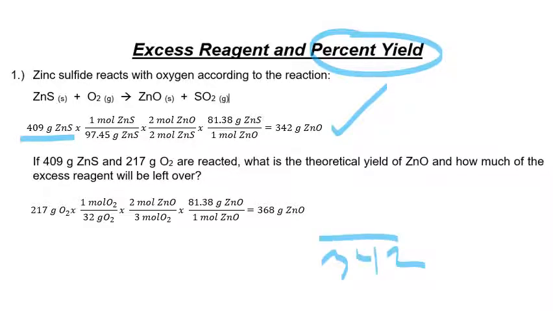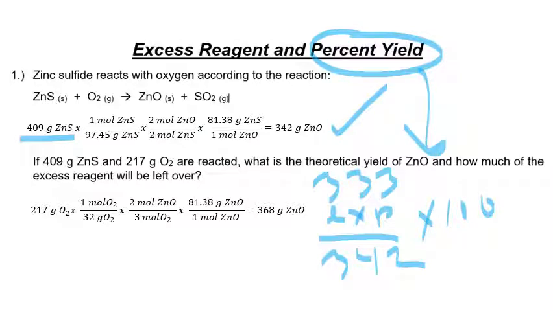And let's say we actually did this lab. If we did this lab, we'd get an experimental value. That experimental value would go right here in the top. Let's say it's like 333. That's a fun number. And we take 333 and we divide it by 342. And then we multiply by 100 to get our percent yield, which is a pretty easy concept.